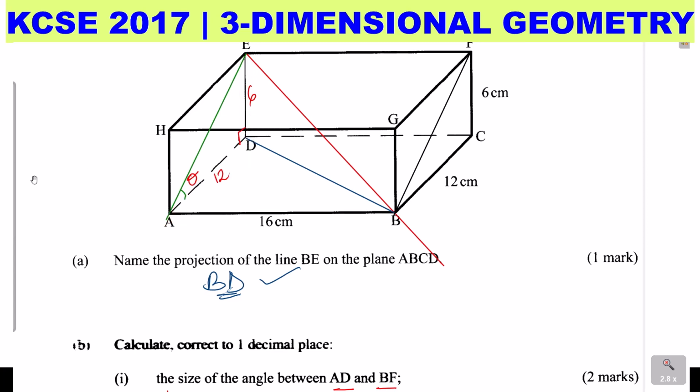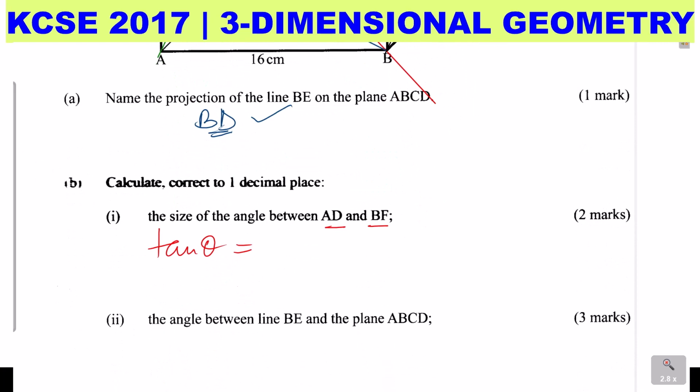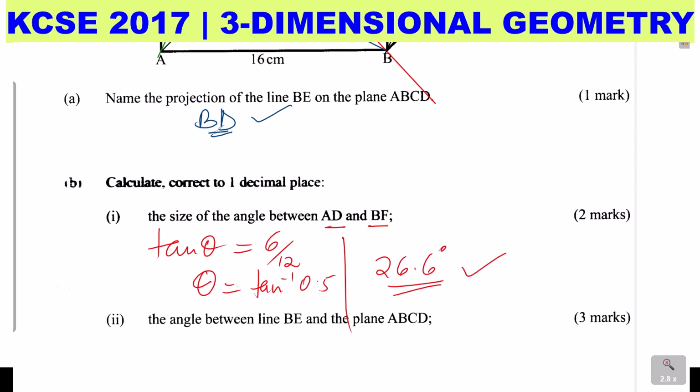So that will be 6 divided by 12. To get theta, you get the tan inverse of both sides. This will be tan inverse of 6 divided by 12, which is 0.5. Correct to one decimal place, you'll get 26.6 degrees. So that is how you get the first solution.